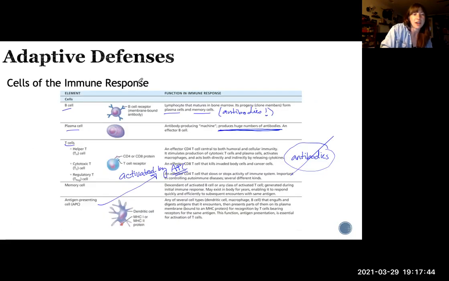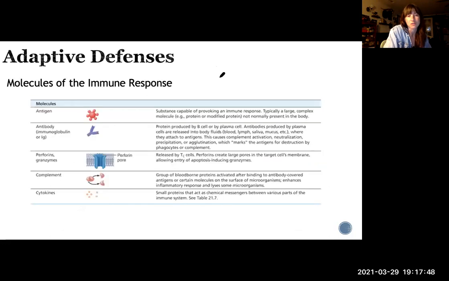Molecules. Okay, so here we have cells of the immune response. Here are some molecules of the adaptive immune response. They include antigens, which again are not technically the actual pathogen itself, but proteins on the surface of the pathogen. Okay, so that's why it's a molecule.